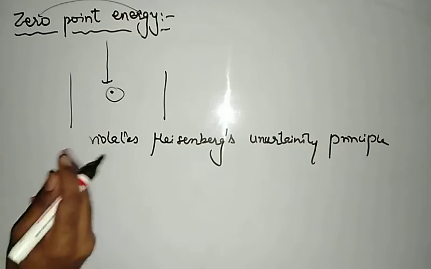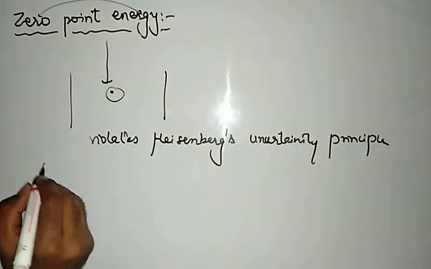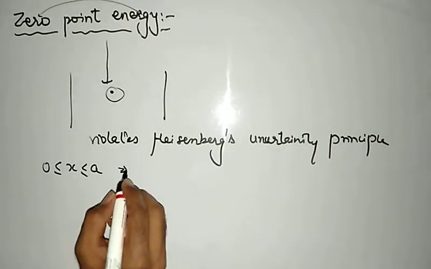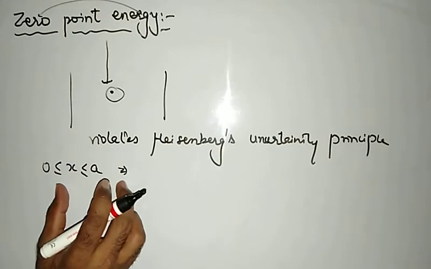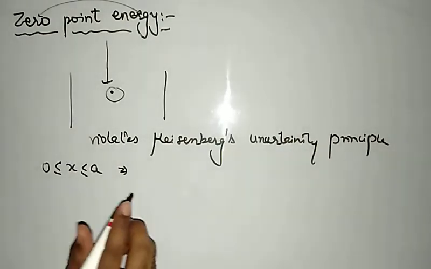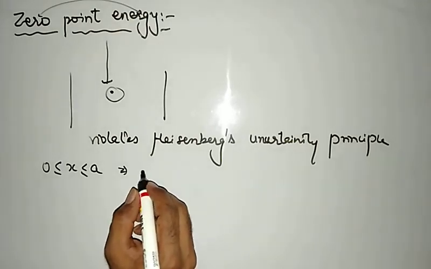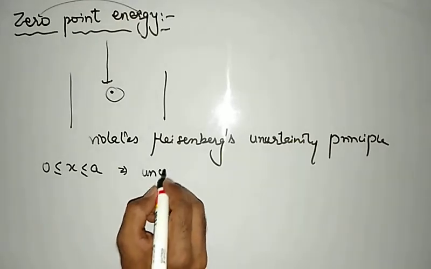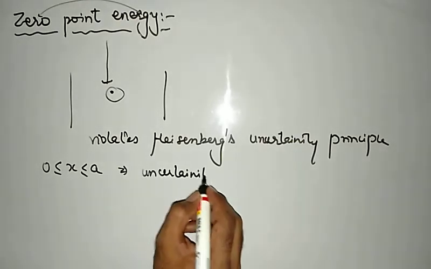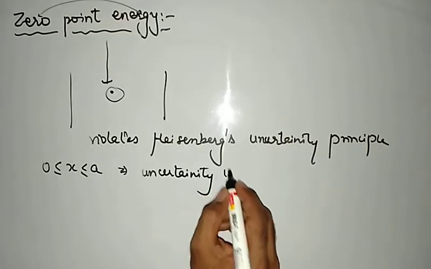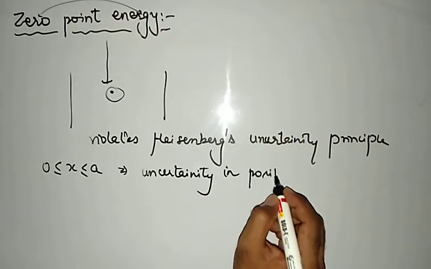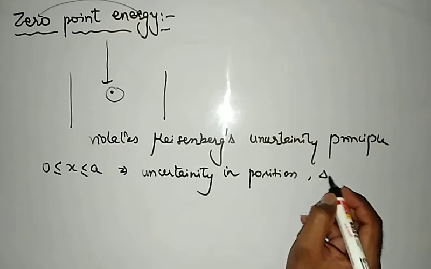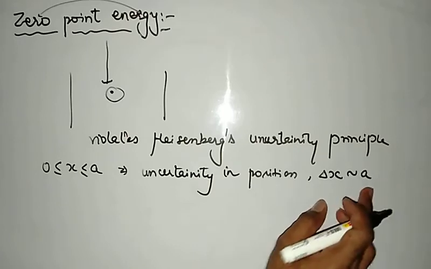Suppose we have confined a particle in the region 0 to a. It means that this particle acquires uncertainty in position. So, if you find the uncertainty in the position of the particle, the order will be delta x, and this is a.